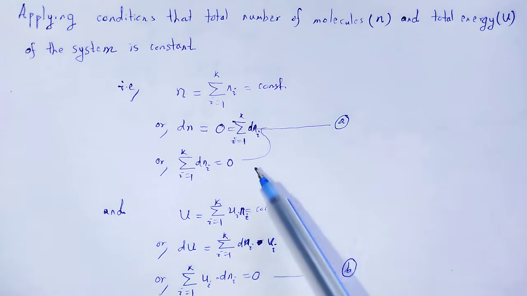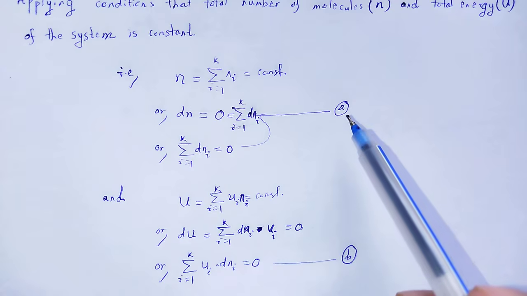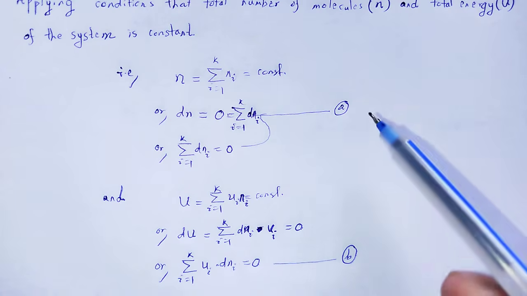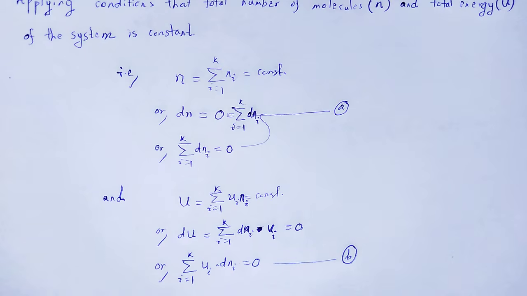We can multiply a constant to equation number A, another constant to equation number B, and subtract these two equations from one another.